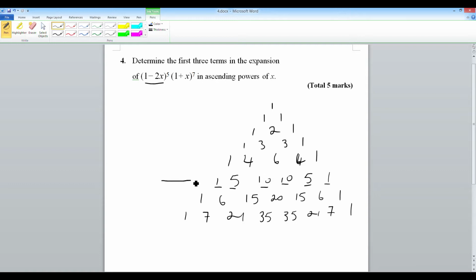So I can use this row for the coefficients of my first set of brackets. Then for the second one, 7 plus 1 is 8 terms, 1, 2, 3, 4, 5, 6, 7, 8. So I can use these for the coefficients for my second set of brackets. So if I wanted to, I could use Pascal's triangle when I expand the brackets.